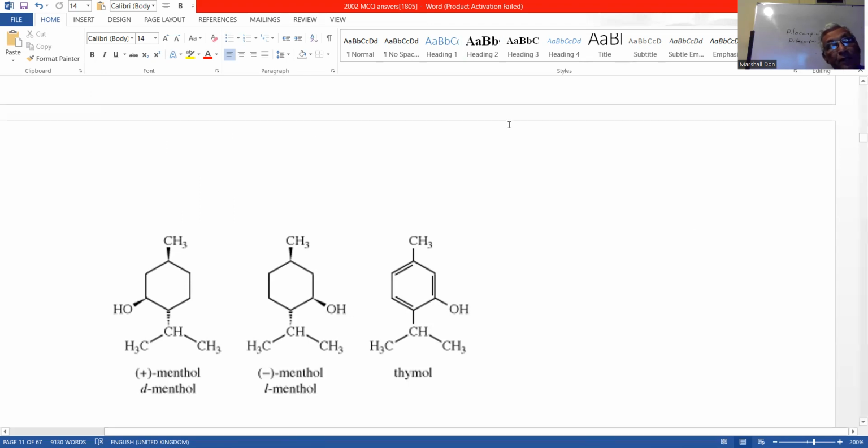See the difference: thymol is an antibacterial, that is antiseptic. They are almost the same, but thymol has a benzene ring. Menthol has no benzene ring. Otherwise, the chemical structure is almost the same, except for a few hydrogen atoms. So menthol is a natural product.